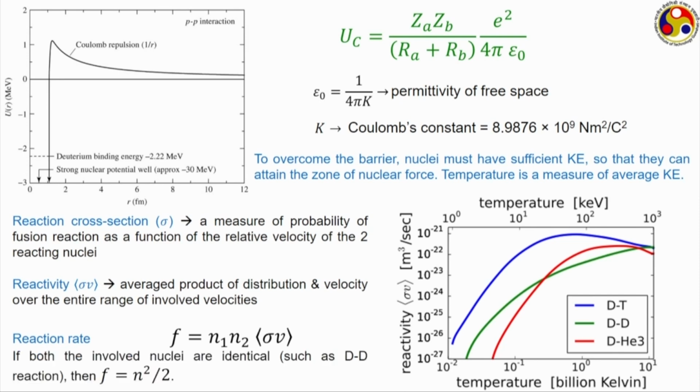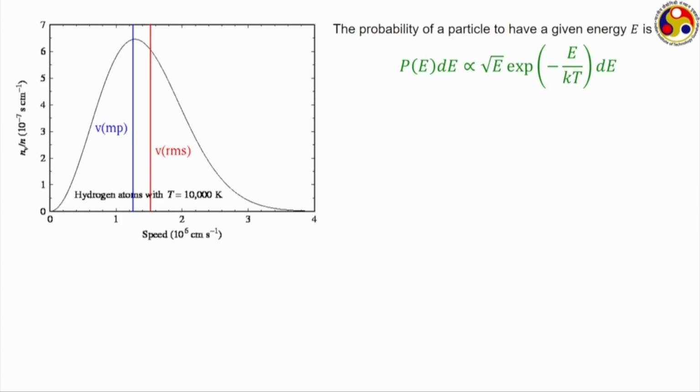If both the involved particles are identical, like in the case of a DD reaction, then we can also write this as just n square by 2, because here we are talking about the same particle and we do not need to go for any kind of averaging between distribution and velocity. Now, for a given energy level, the particles can again have a wide distribution like shown here, which can often be represented like this.